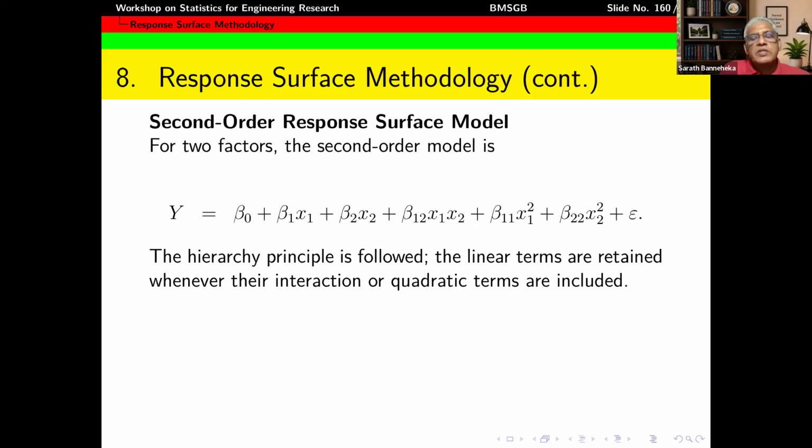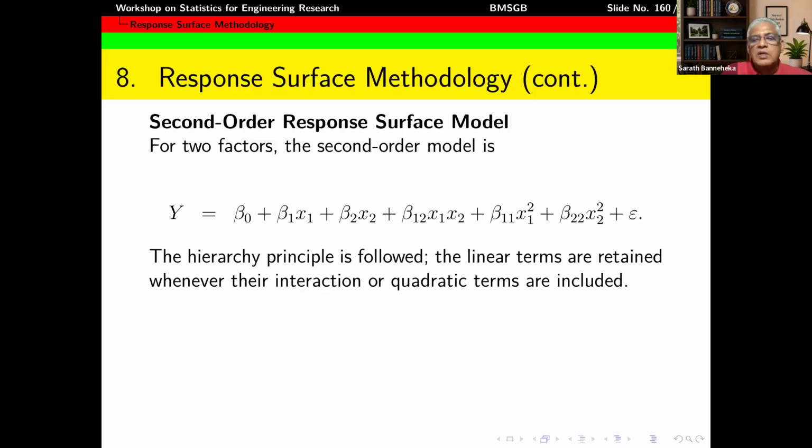So what we are interested in is actually, first of all, this second order response model. For two factors, the second order model is written like this, as I showed you earlier, right? The main effects, and then quadratic effect, and this is the interaction. Usually in this kind of response surface methodology, the hierarchy principle is followed.